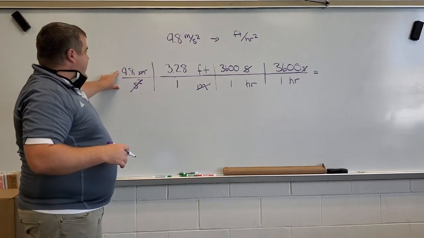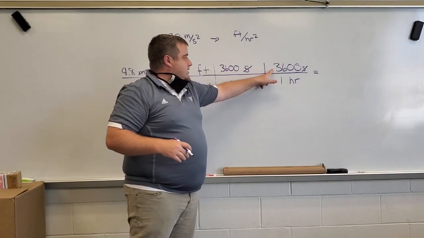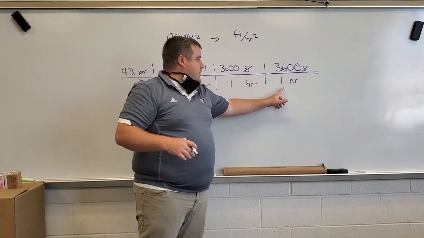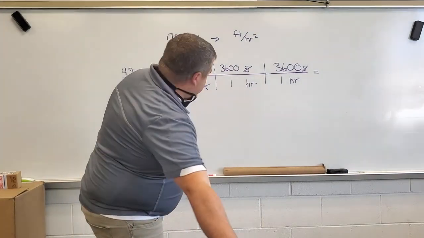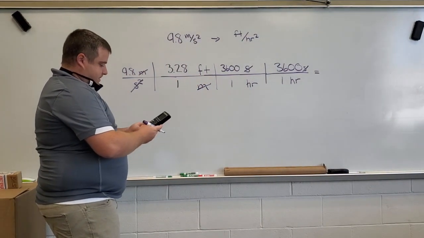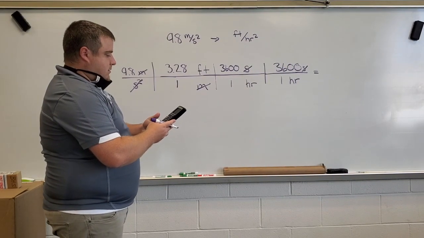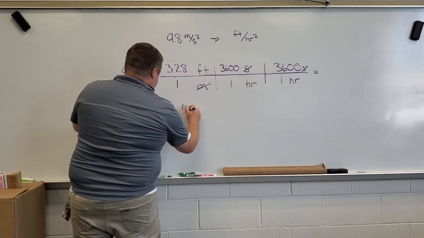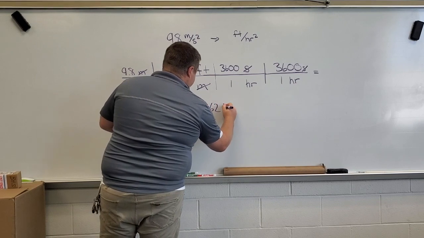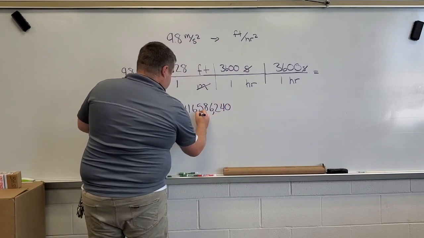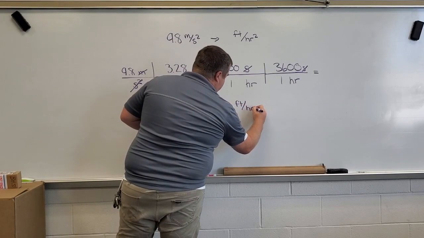So 9.8 times 3.28 times 3,600 times 3,600 divided by 1, 1, 1. So nothing to worry about on the bottom. So I'm going to do 9.8 times 3.28 times 3,600 times 3,600. That gives me 416,586,240, or 416 million feet per hour squared.